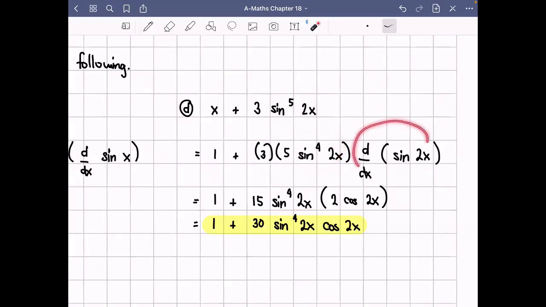And then how do you derive this again? So 2 here will be multiplied in front. That's why you have 2 here. And then the derivative of sine of 2x is cosine of 2x. So simplifying this part here, you get 30 from 15 times 2, and then just combine your identities. Sine raised to 4 of 2x, and then cosine of 2x.